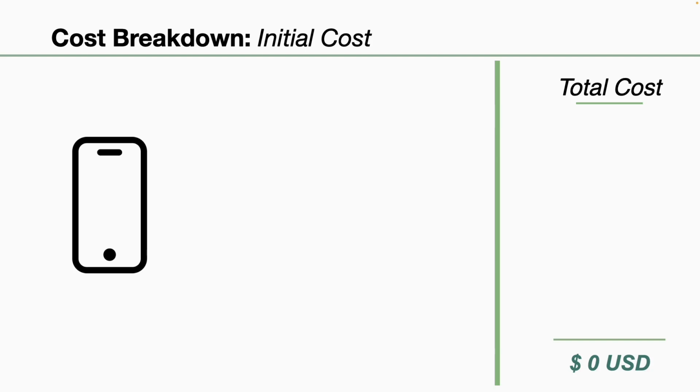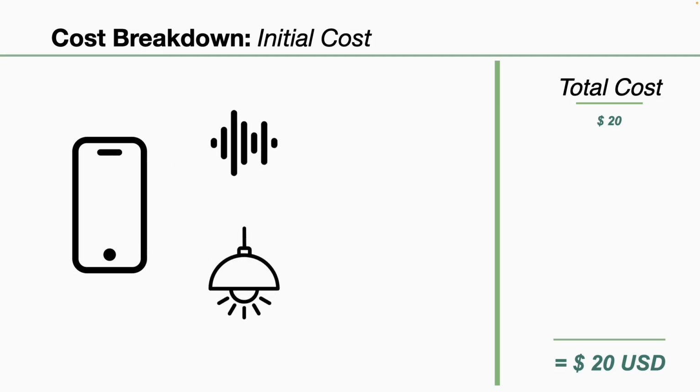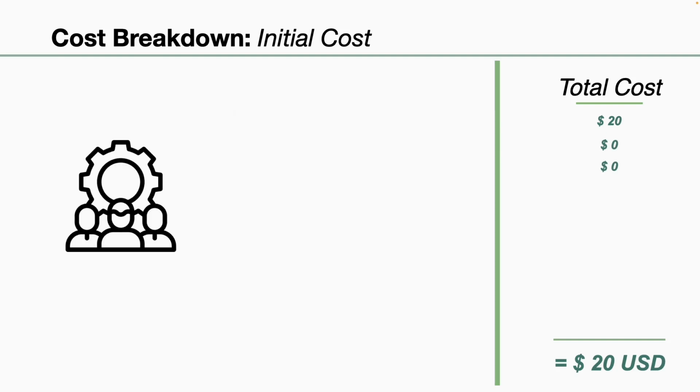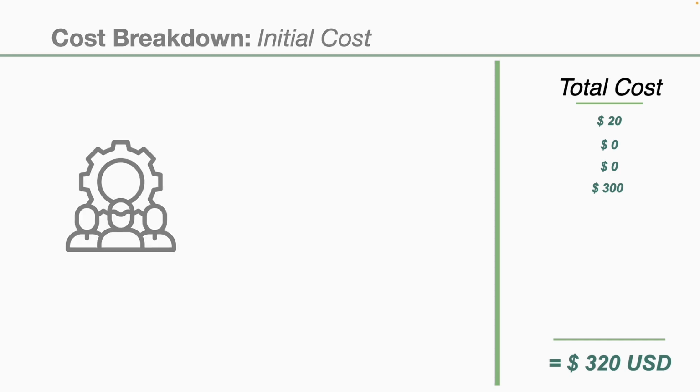Our product, our IoT device, doesn't need to be fancy. $20 would be enough. What about the sensors? Well, sensors are already built in. The sound sensor is already in the IoT device, and so is the light sensor. The main cost would be the personnel cost to actually collect the data, and that would be our initial cost.